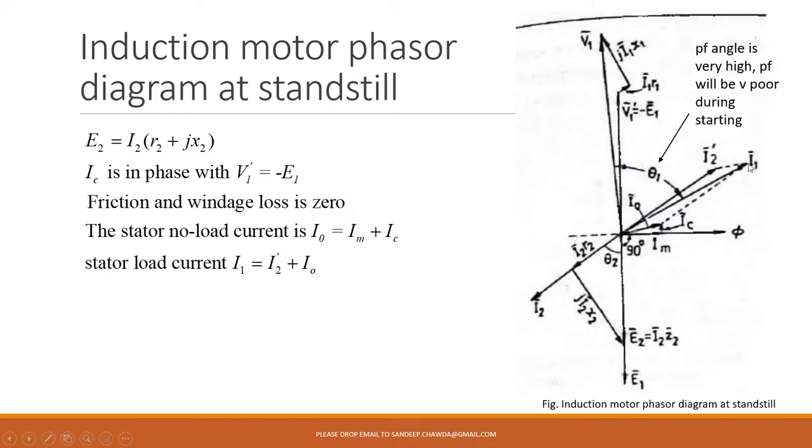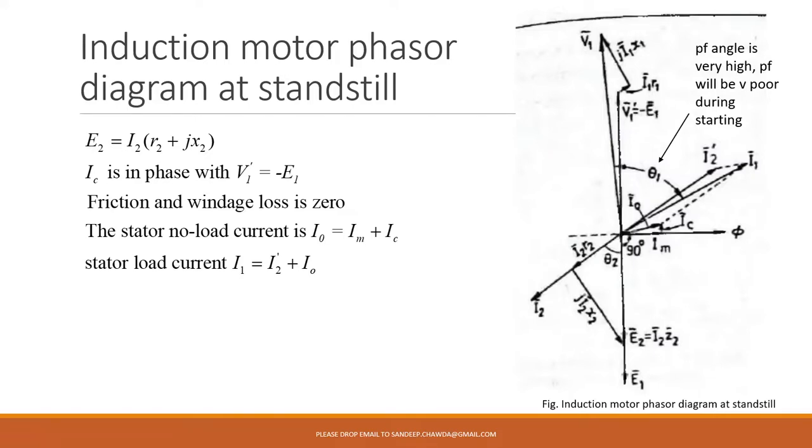Once you have drawn the I1 R1 drop, from here you have to take 90 degrees and draw a line of this length, which will be greater than I1 R1. So this is going to give you the jI1 X1 drop. Then take the phasor sum, and it will give you V1.